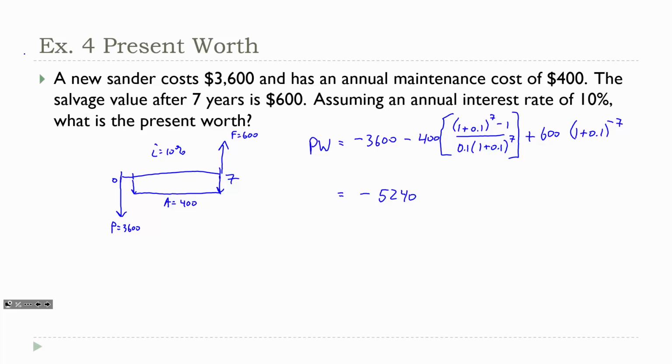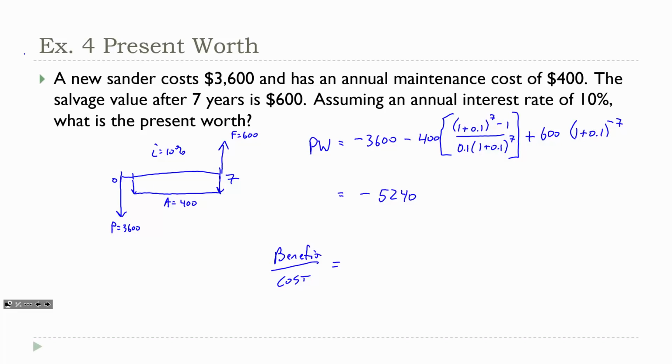In a few slides, I'm going to talk about benefit cost ratio, but I don't have a specific problem to go over. But if you were to calculate the benefit cost ratio of this problem, what would that calculation be? Would it be the negative 5240 divided by 3600?